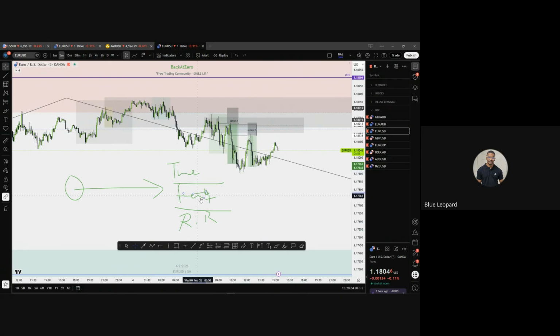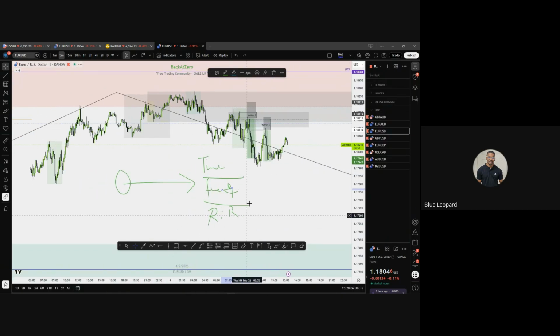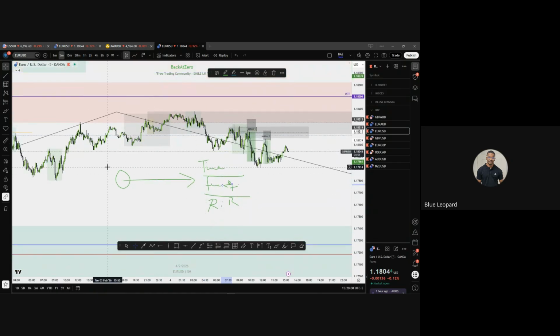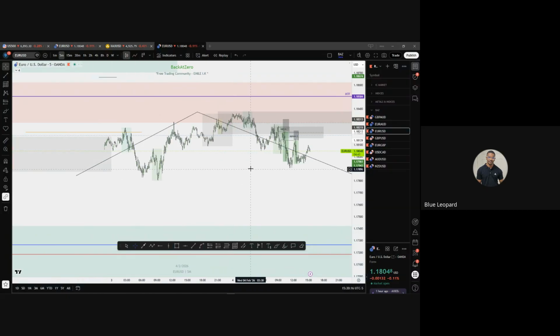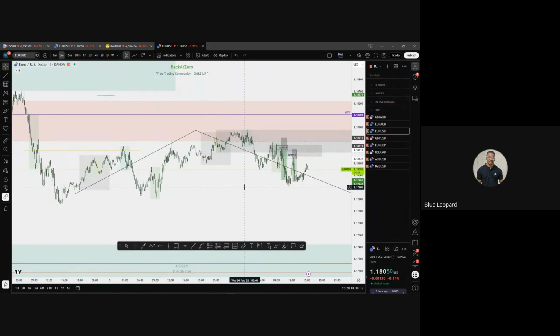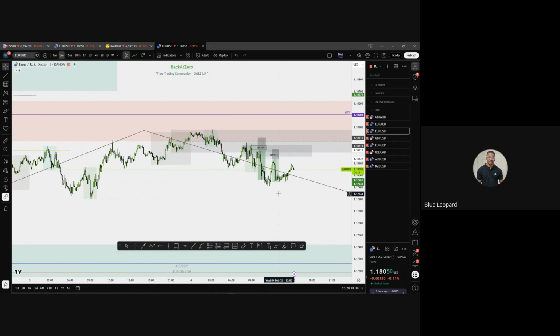Stop being greedy and target something realistic that you can achieve in one day. And once you reach your 2.5, you close your trade and you wait for the next day. Okay? This is how you can manage your account and bring it up. With the community we have here, you can have more than 3 trades per day.